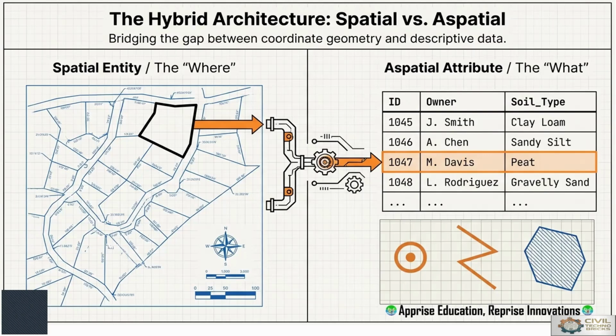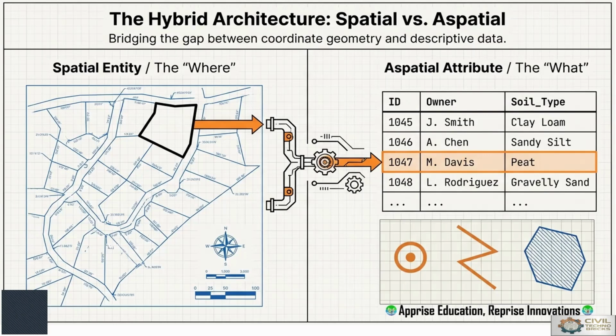So here we will discuss how a robust DBMS acts as an engine for a GIS, allowing us to manage vast amounts of infrastructure data with spatial intelligence. It integrates the transformation of a simple digital map into a powerful decision support for smart cities and large-scale construction projects.